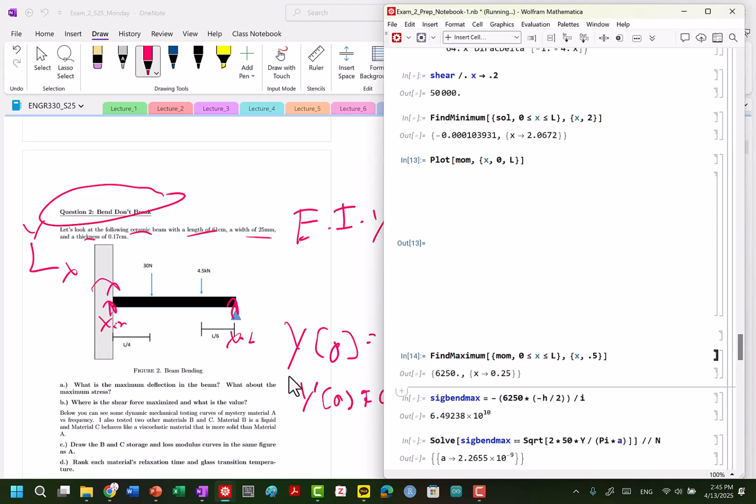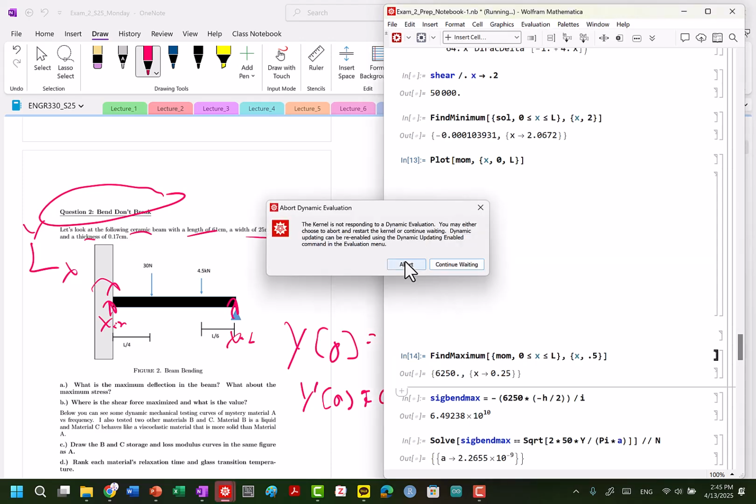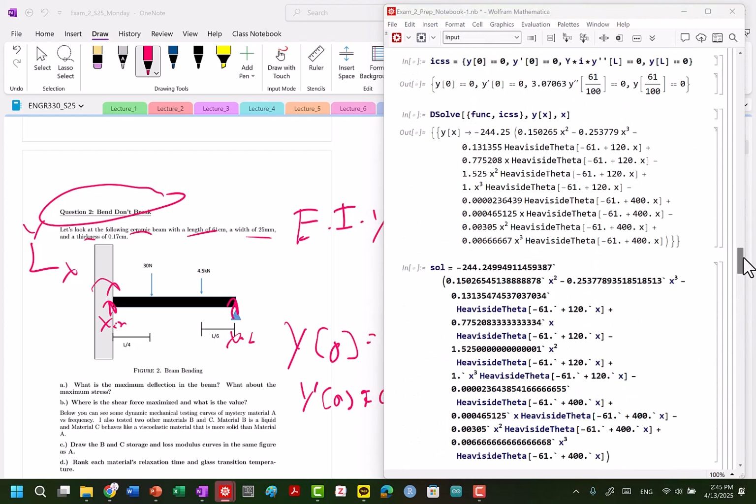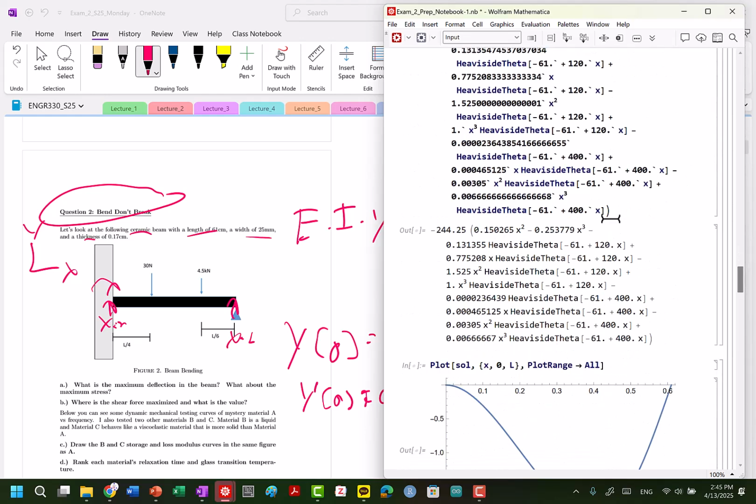I don't want to abort this. Let's go ahead and abort. Okay, I need to rerun my script, but I'm going to rerun it just from this solution here.